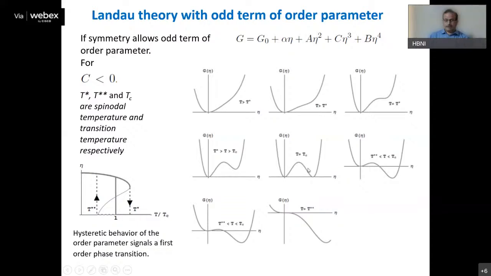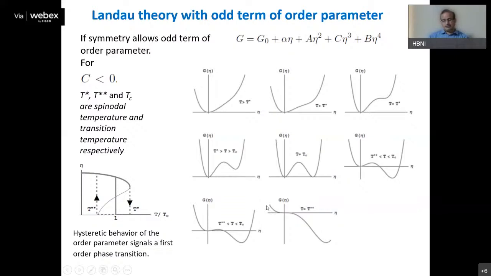Of course, there is a barrier, so some thermal fluctuations are required to cross this barrier. But then at Tc, these energies are equal. And if you further reduce the temperature, the daughter phase becomes your stable phase, and the initial phase becomes the metastable phase.